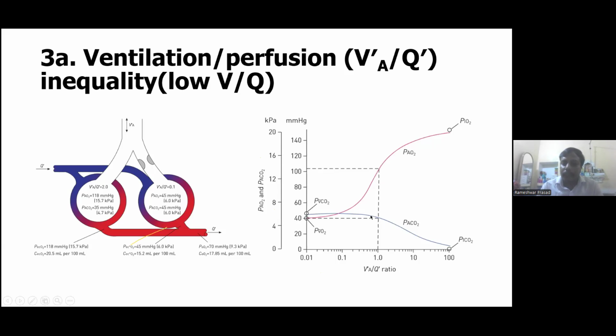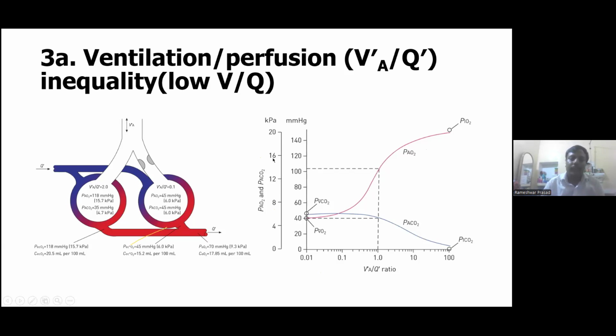At the same time, PaCO2 will also slightly go up. However, because of hypoxemia, there is hyperventilation. Then the PaCO2, which was initially higher, will come down or normalize. So, with a lower ventilation perfusion ratio also, the alveolar partial pressure of oxygen will come down.